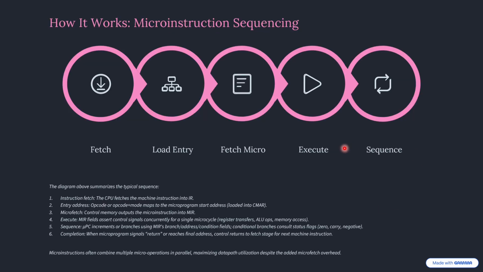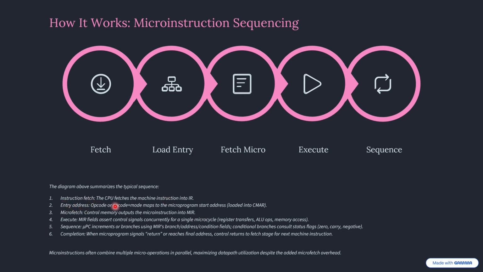Moving towards how it works: microinstruction sequencing. First step is fetch, second step is entry, third step is microfetch, fourth is execute, and fifth is sequence. The design above summarizes the typical sequence.